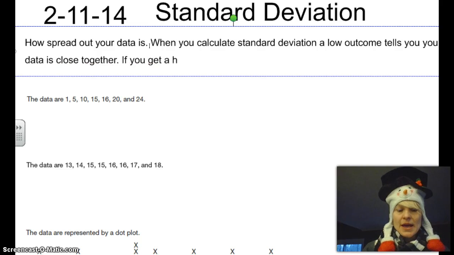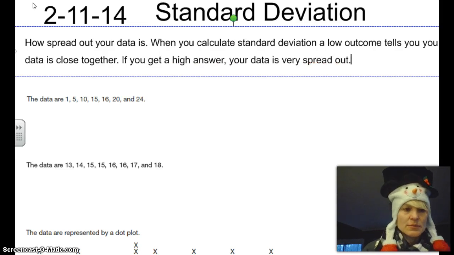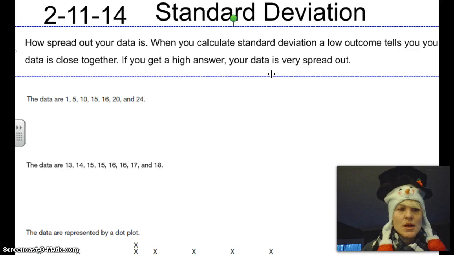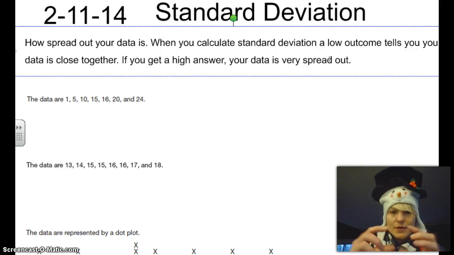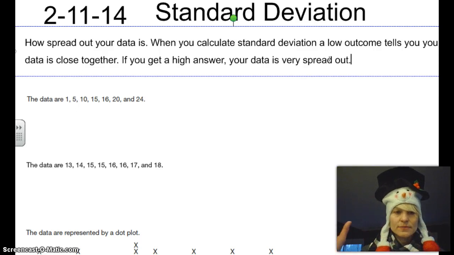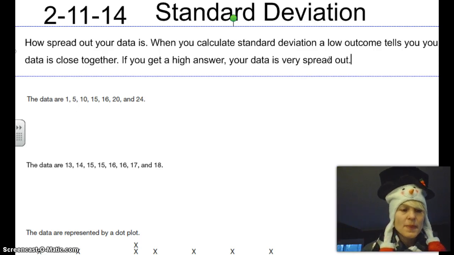If you get a high answer, your data is very spread out. Sometimes that's good, sometimes that's bad. I'm going to show you how to calculate the standard deviation. If our number is low, that means all our data is packed in together in a close range. But if our standard deviation number is really high, that means the data is spread out all across.